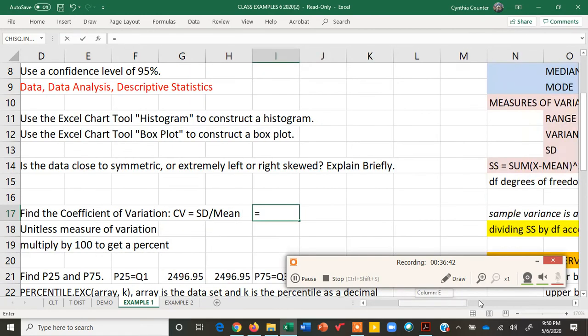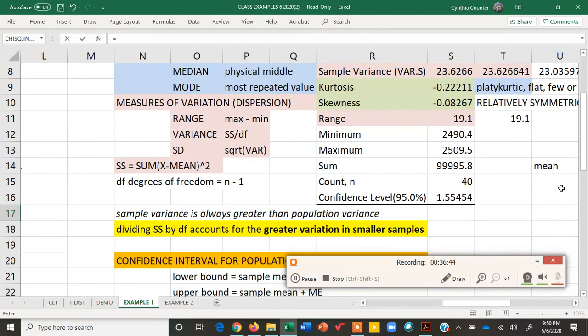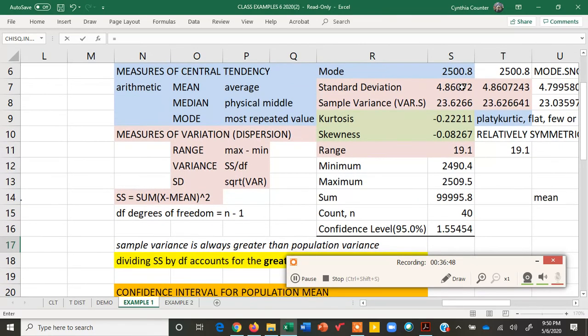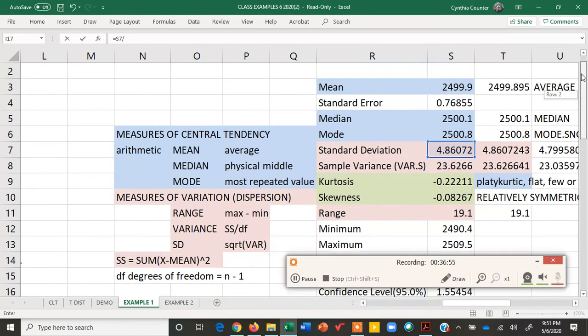So let's just shoot on over here to our output. The standard deviation is the measure of variation we want. Standard deviation, there it is right there, divided by the mean. Make sure you click on the mean and not the median.